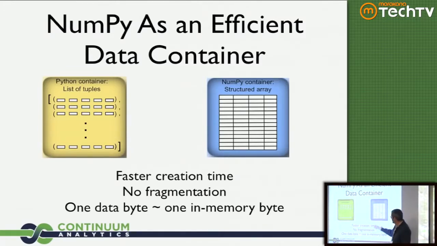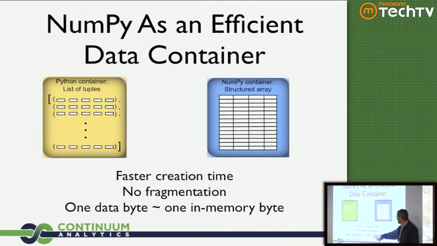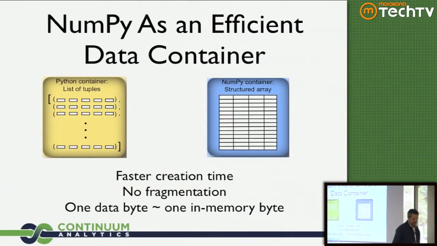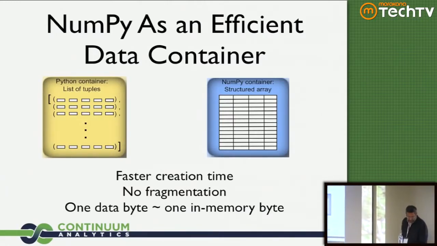And in this way, one data byte normally means only one byte in memory, while here we have many objects, and normally for one data byte we need several bytes in memory. So this is really interesting.